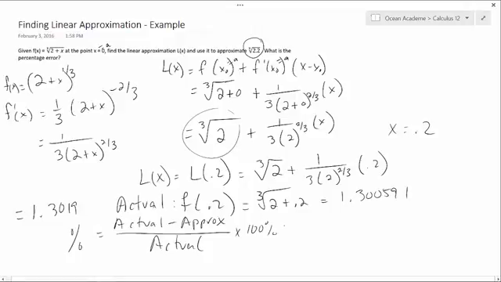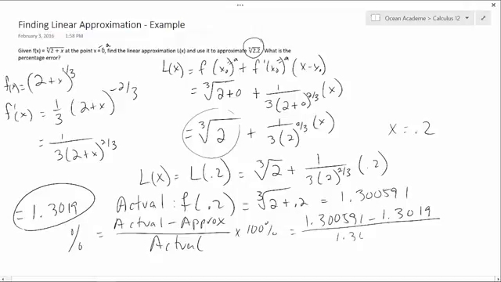So plugging in our numbers, we have our actual of 1.300591, and we're subtracting the value that we got here, 1.3019. And that is over 1.300591. The percent that we get after all that is 0.1% error.